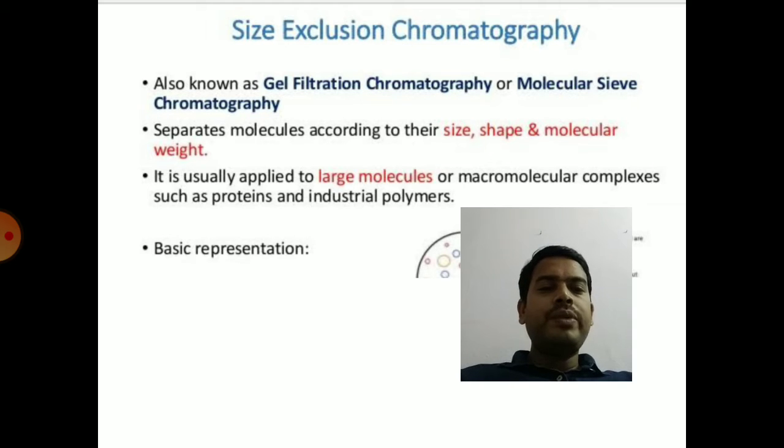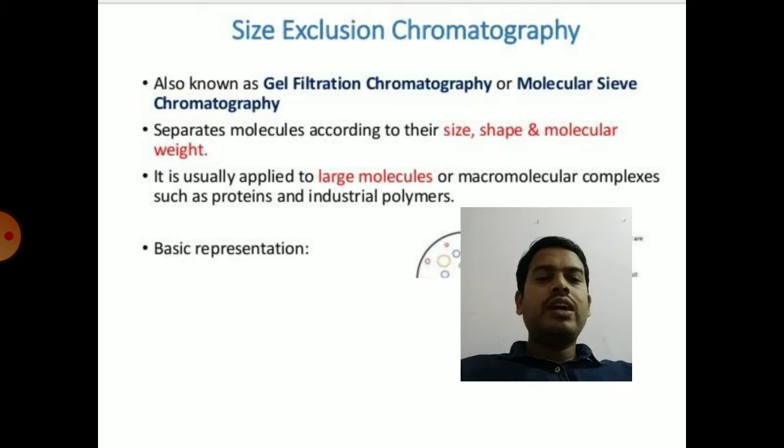If you subject fibrous proteins and globular proteins to molecular exclusion chromatography, the first one that is eluted from the column will be the globular protein, because the globular protein will interact less with the stationary phase and more with the mobile phase. Whereas the shape of the fibrous protein is long and elongated, so it will take some time for the fibrous protein to come out of the column.